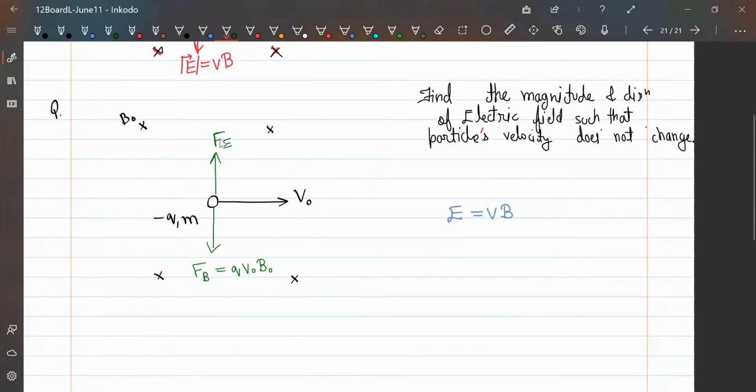So direction of electric field should be downward because force will be minus qE. So electric field should be perpendicular to velocity, but in the same direction as the direction of force. So electric field direction should be downward here also. Got it?